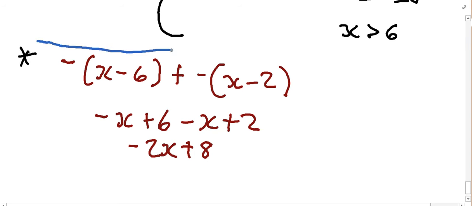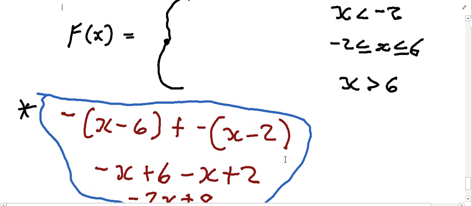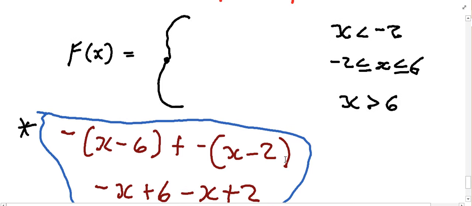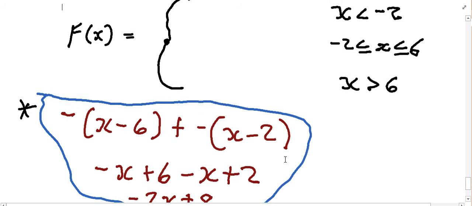So this thing, guys, this has to go where? Where x is less than -2. So meaning I'm just simply going to get the expression I have found down there, which is -2x plus 8.